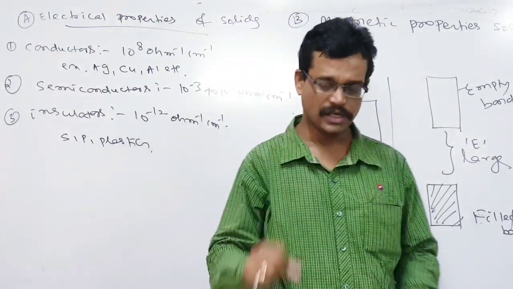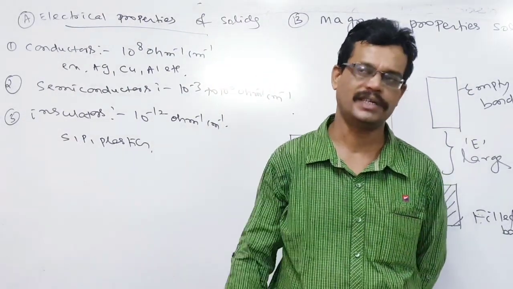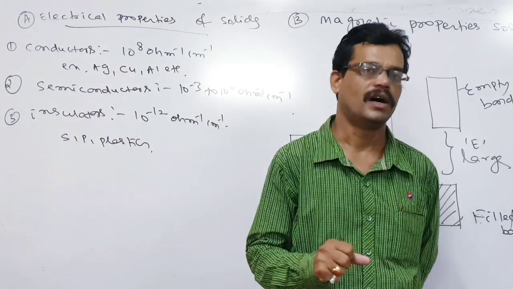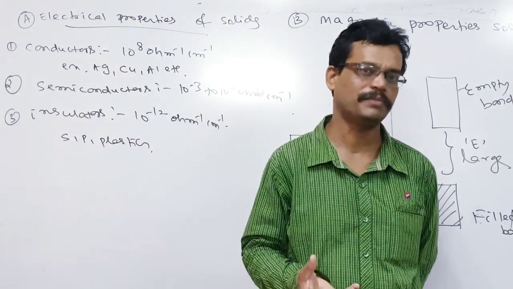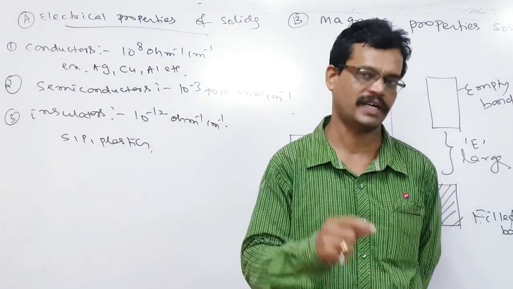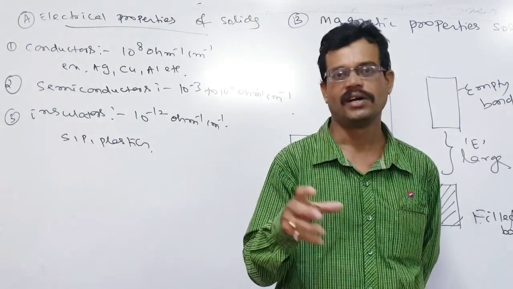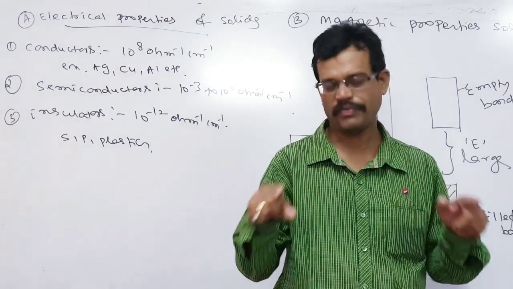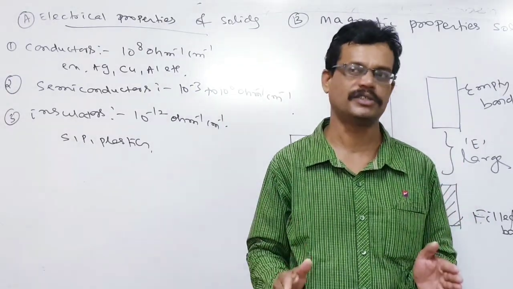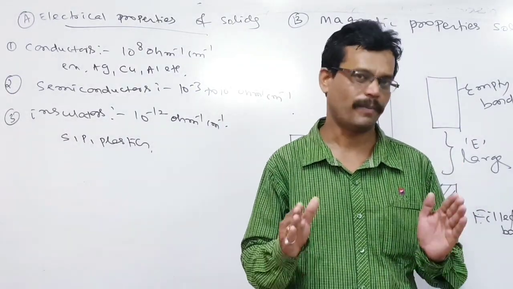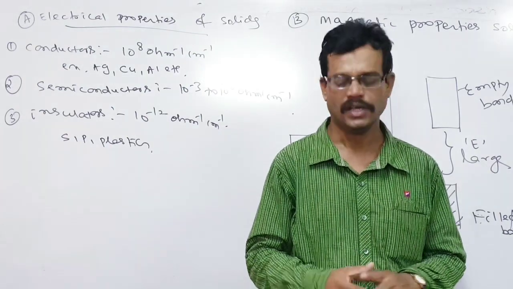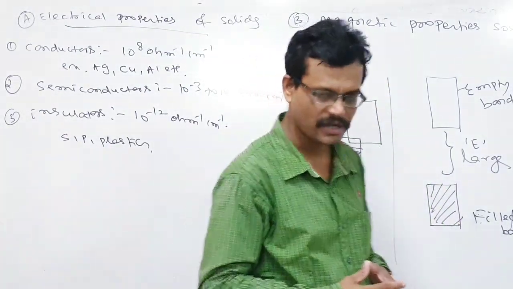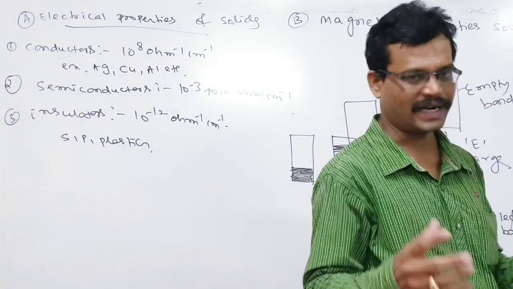Now you see on which basis the current is passed in a conductor or semiconductor, or not passed in insulators. To understand this concept, we have to know the band theory of solids, or conduction theory.